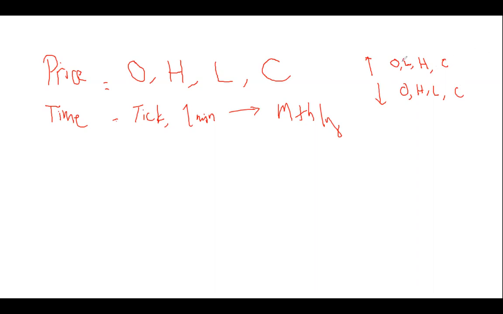It cannot be closing and then opening. It has to be opening and then closing. So that's the sequence of what it can do. Depending as well on the time, sometimes it will go up and down and be uncertain. Sometimes the opening is the same as the closing price.